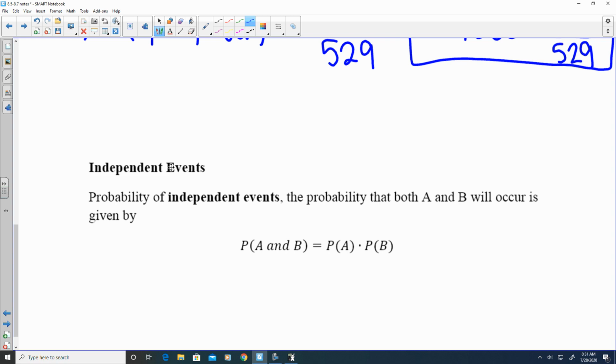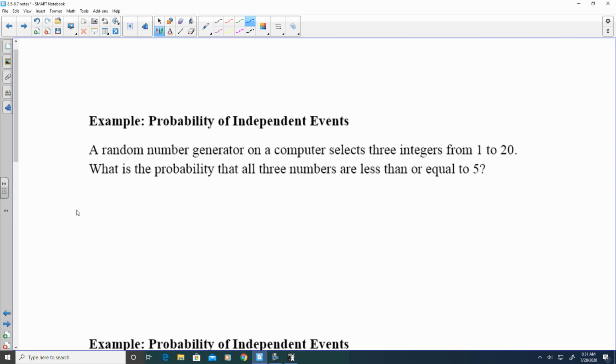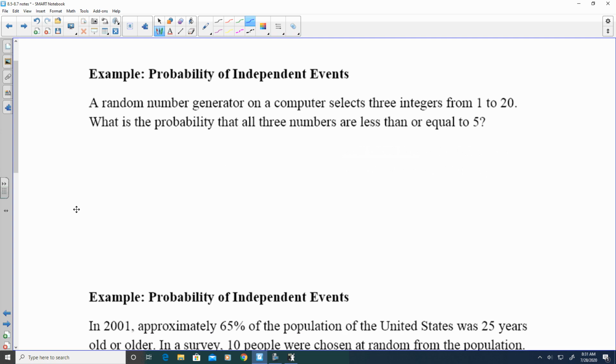But first we have to know whether event A affects event B. If I have a random number generator, obviously those are independent, because whatever the computer picks the first time, as long as you can have repeats, then they're independent and you can just go ahead and select the second one.